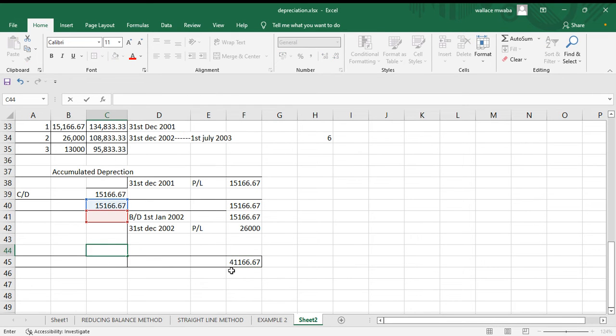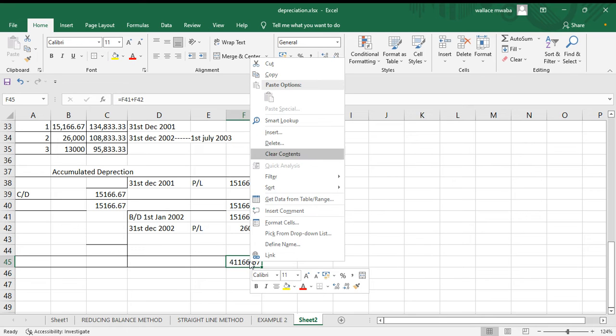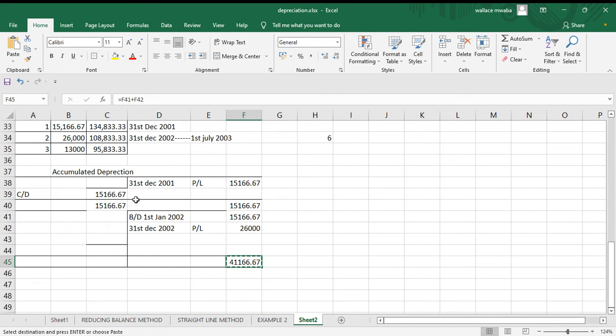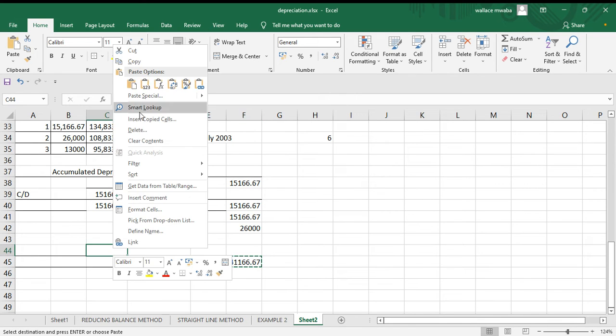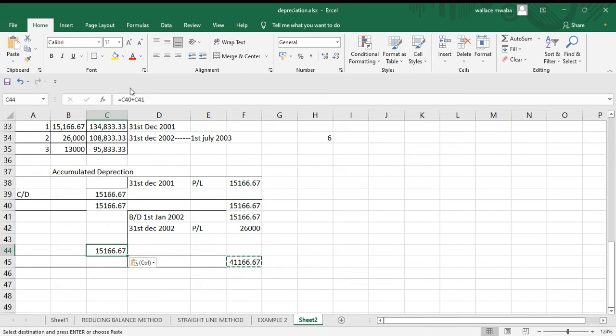I wonder why Excel is doing that. And we'll put here 41,166.67. This is also our balance carried down.